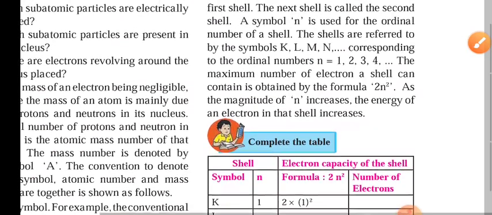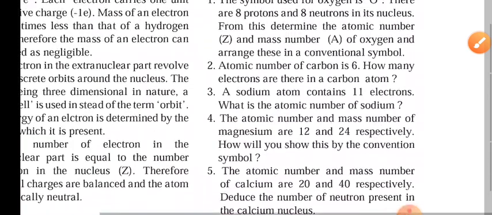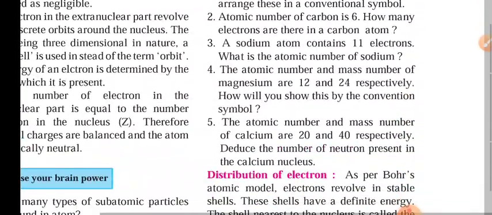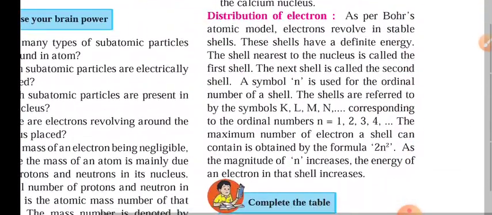Further, when we talk about the distribution of electrons, as per Bohr's atomic model, electrons are revolving in discrete orbits or discrete shells. For a particular orbit or shell, there is a limit on the number of electrons it can hold.